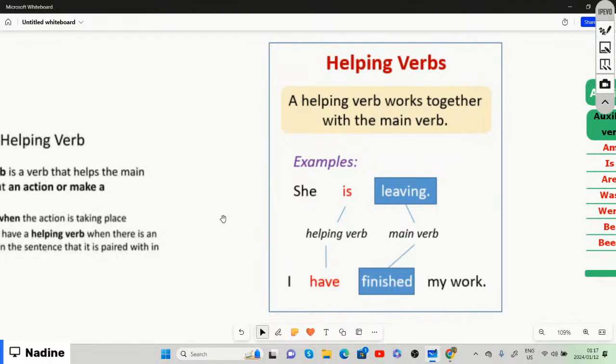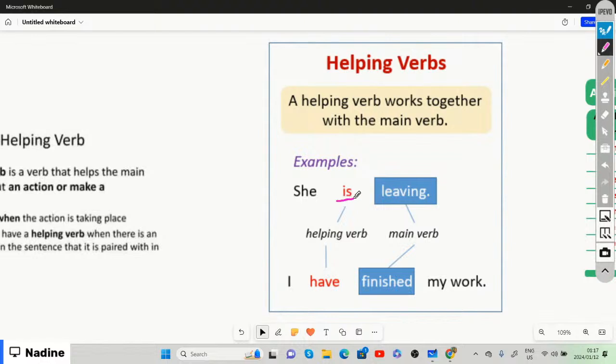And here they are giving us a few examples again, where they're even identifying what the helping verbs are as well as what the main verbs are within these two sentences. If we look at the first sentence, it says, she is leaving.